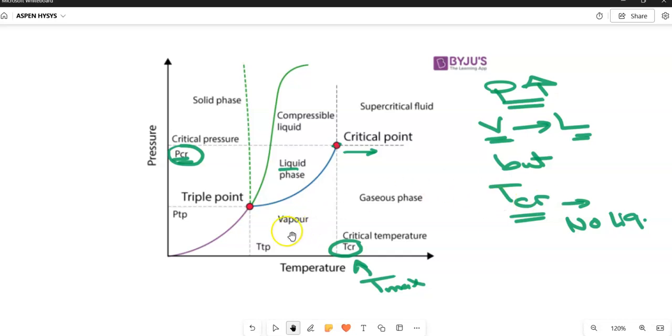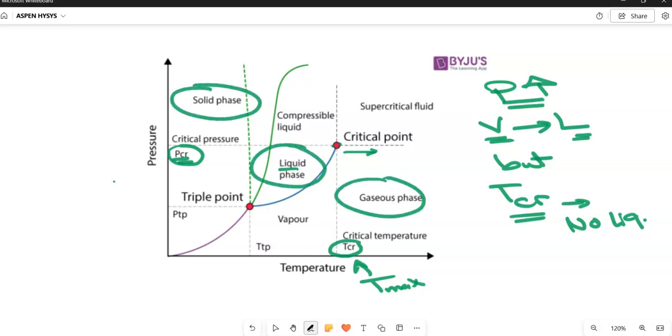Also, we have two other terms, the Cricondentherm and the Cricondenbar. I just want to make sure you understand that we have the solid phase, the liquid phase, and the gas phase. Remember, when we talk about the vapor fraction, it is the amount of vapor from the total.